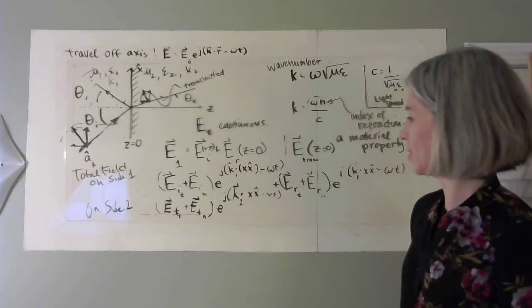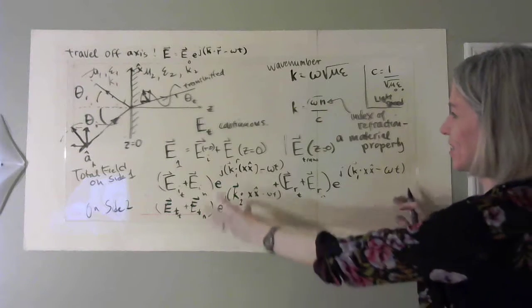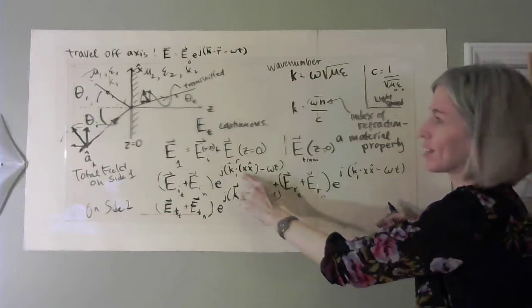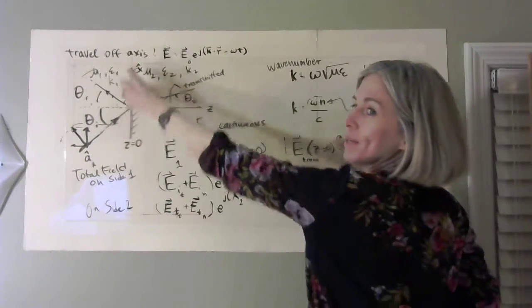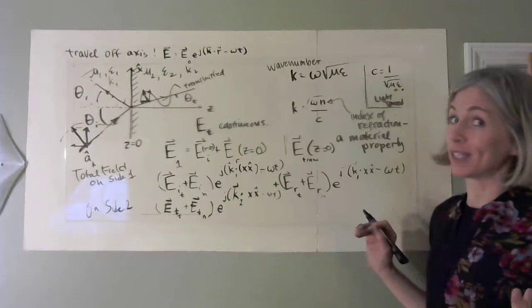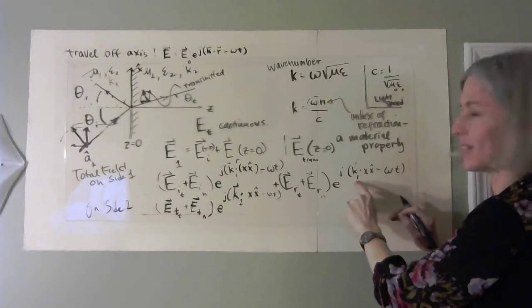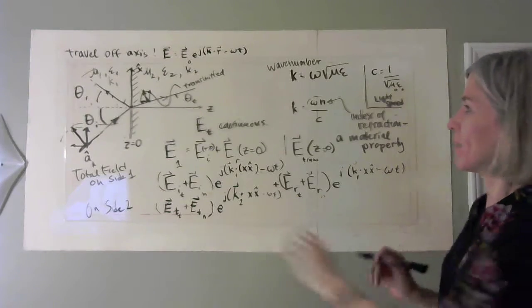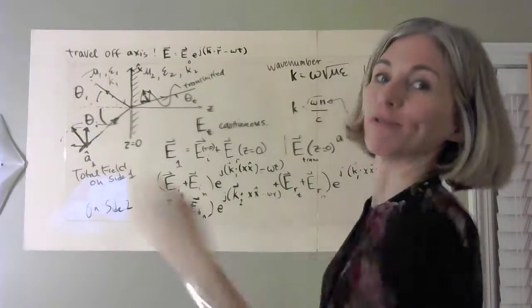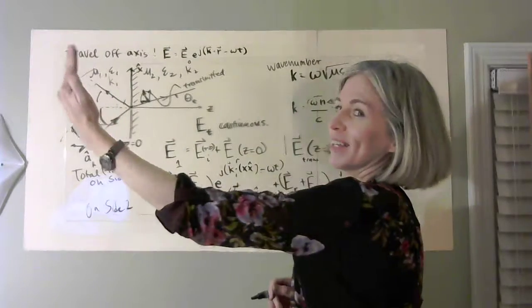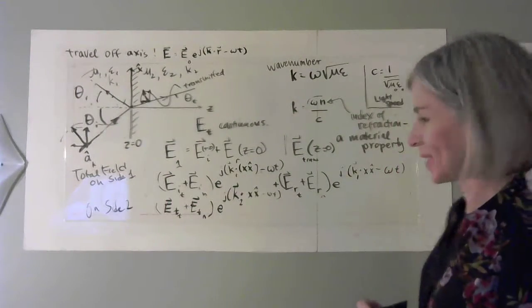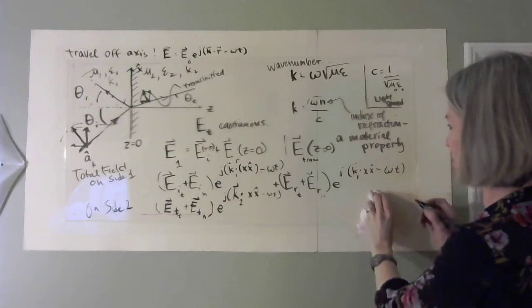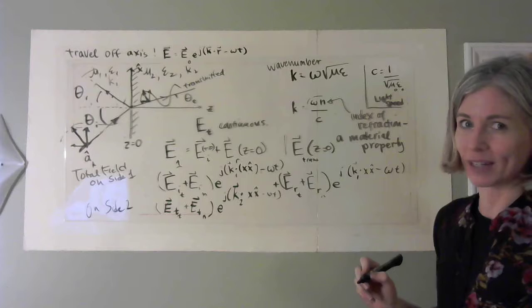But because we could be at any value of x, we could move this up or down and the picture should look the same. So these k sub x's have got to be the same. If we go out in y, it's a fairly uniform looking thing, so k sub y has got to be the same. It's called phase continuity.